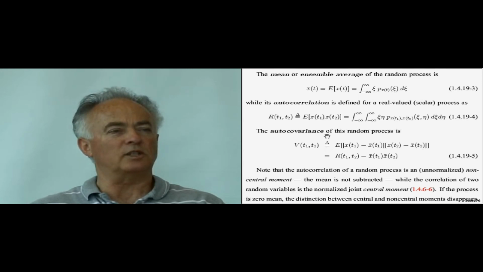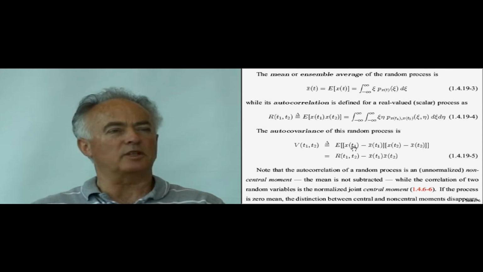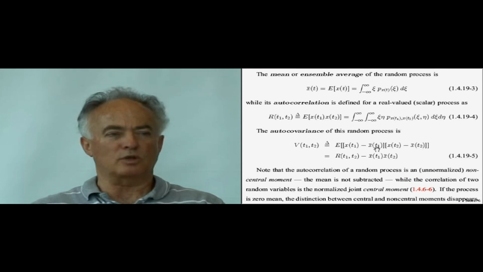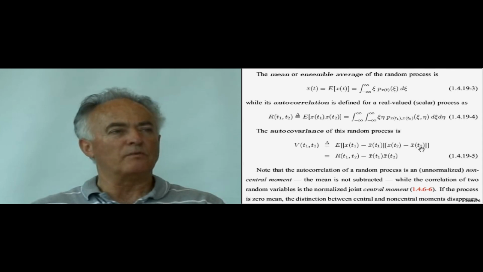Autocovariance of this random process is denoted as V at t1 and t2. The expected value of x, again this is a scalar process right now, so there's no need for worrying about vectors yet, x t1 minus x bar t1, so subtract the mean, and multiply with x t2 minus x bar t2.